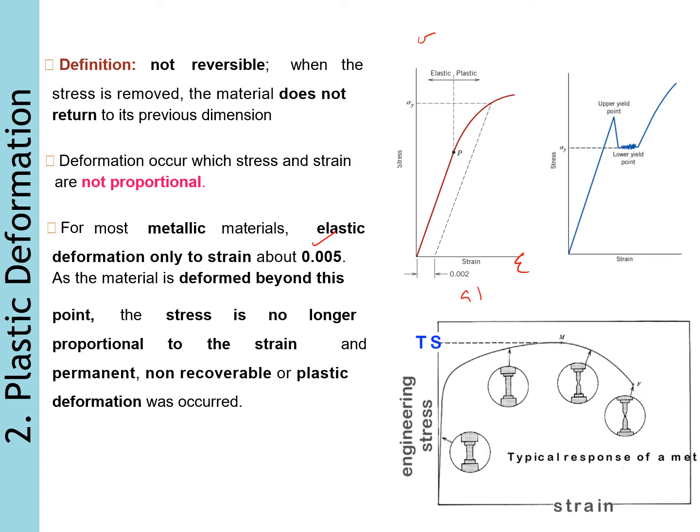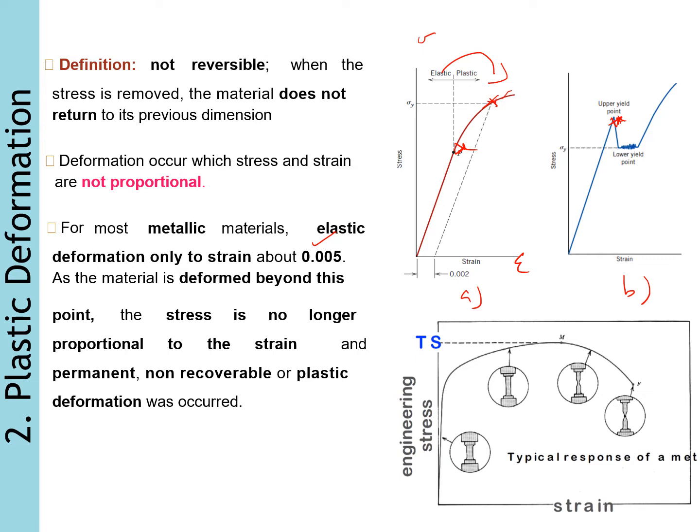This is A and this is B. The transition from the elastic to the plastic here is gradual. Some curvature results at the onset of plastic deformation. For example here, the plastic deformation increases more rapidly with the rising of the stresses.